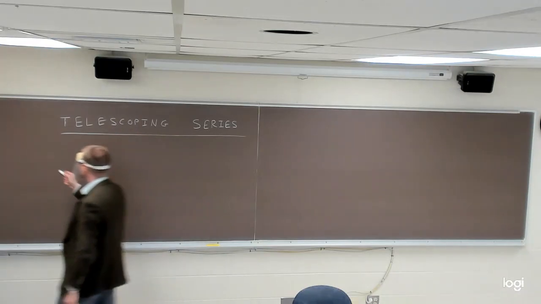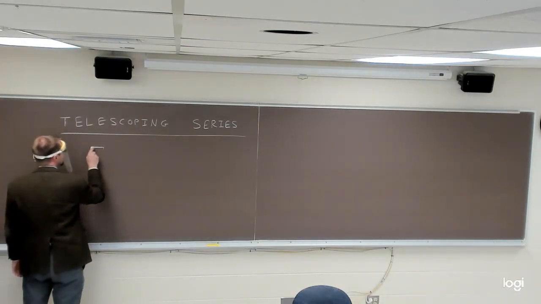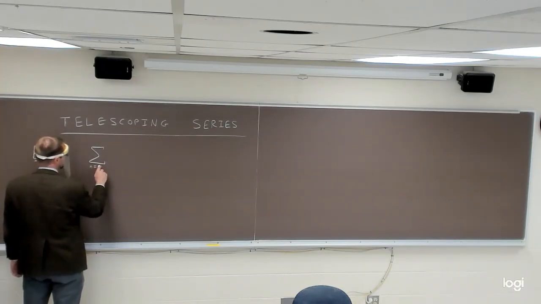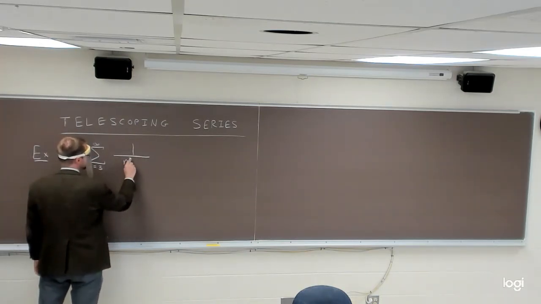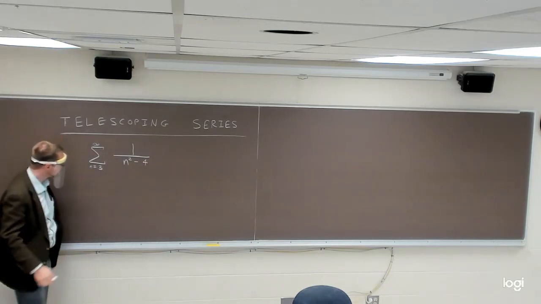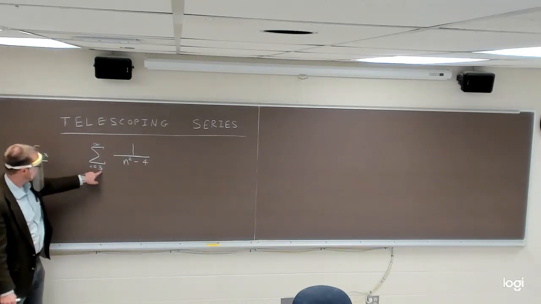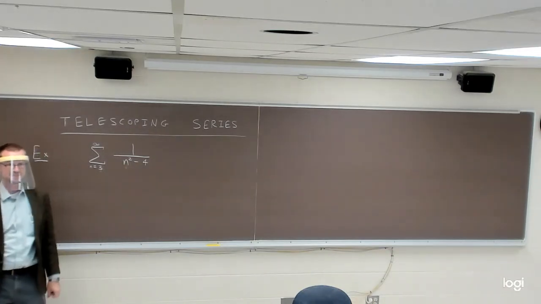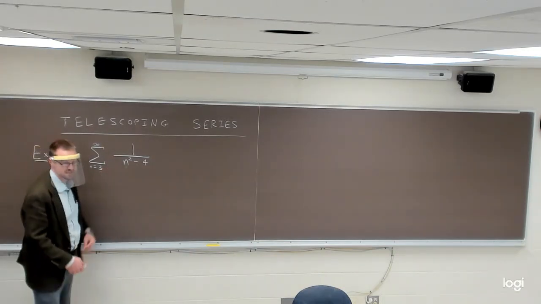As an example, let's suppose I wanted to find the sum from n equals 3 to infinity of 1 over n squared minus 4. I'm starting this sum at 3 because when n equals 2, we're dividing by 0, and it wouldn't make any sense. So we'll just start it later, so all the terms exist.